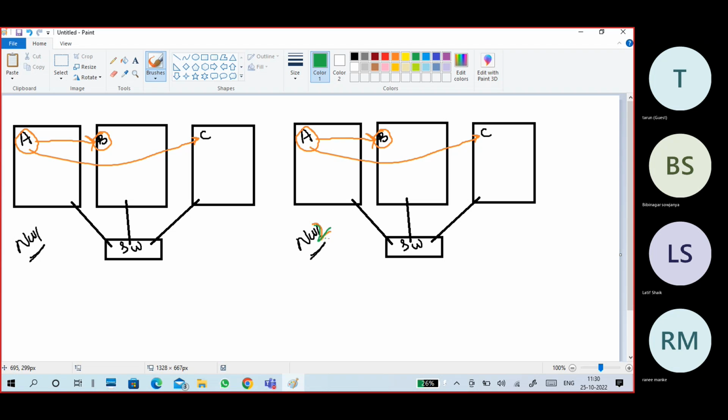This is network 1. Now, I want to connect these devices, but as separate networks only. Guys, there is a difference here.